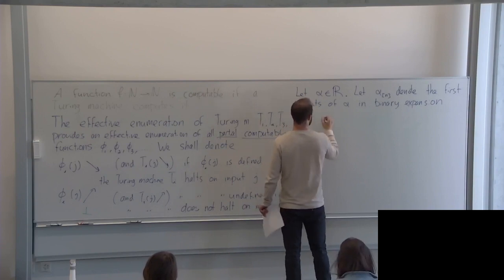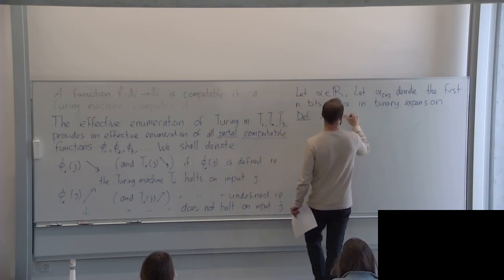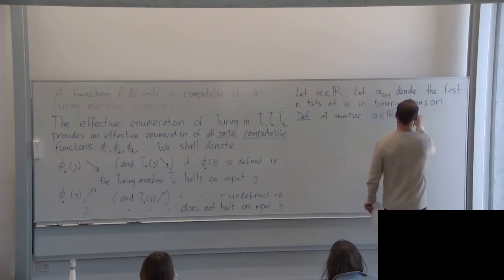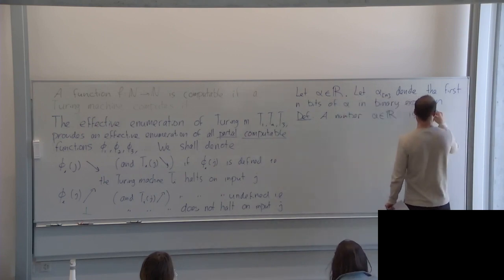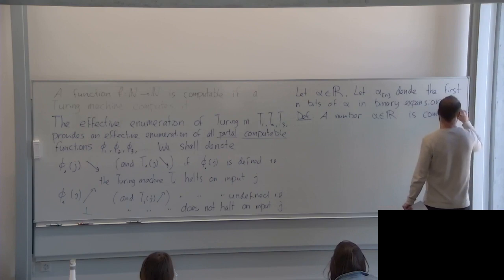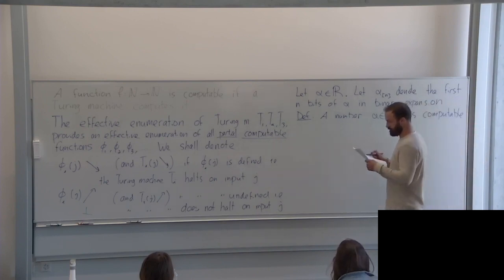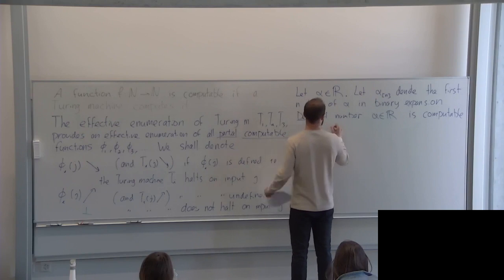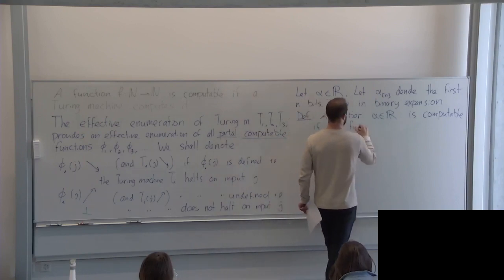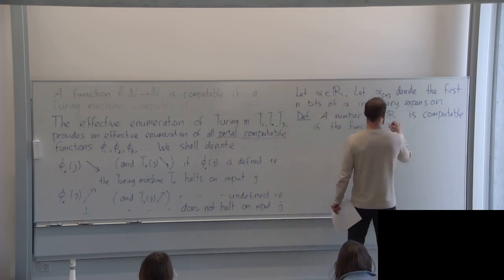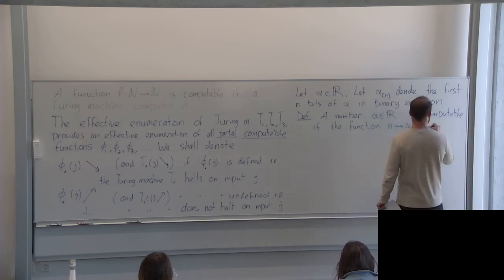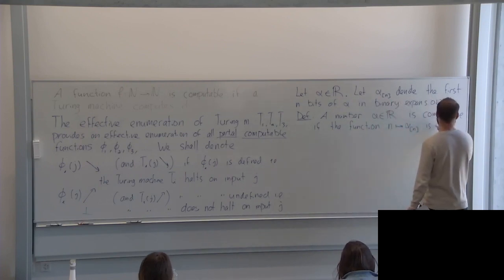Definition: a number alpha in R is computable if the function n maps to alpha n is computable.